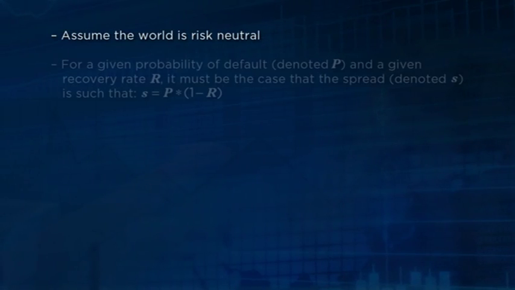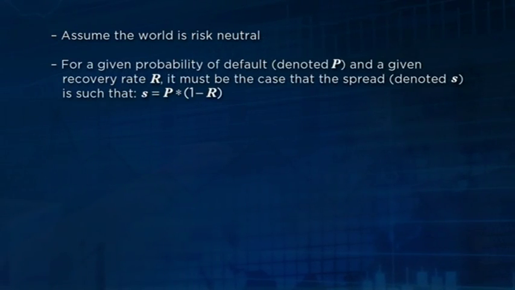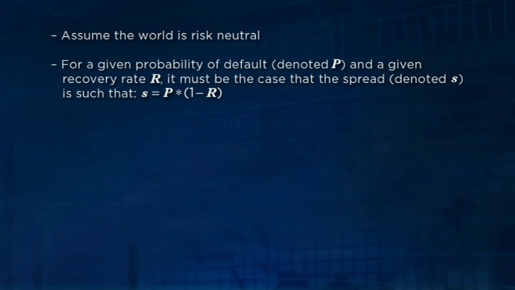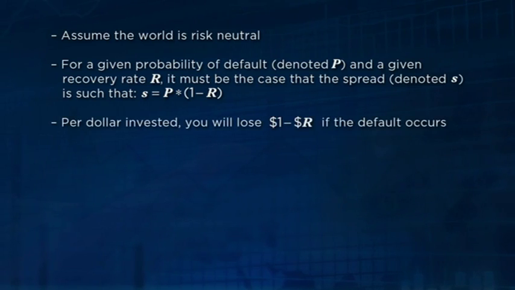Let's see how to infer the likelihood of a default from the spread. Let's just start by assuming that we are in a risk-neutral world. For a given probability of default, denoted P, and a given recovery rate R, it must be the case that the spread, denoted S, is such that S is equal to P times 1 minus the recovery rate. That is, per dollar invested, you lose 1 minus R if the default occurs.